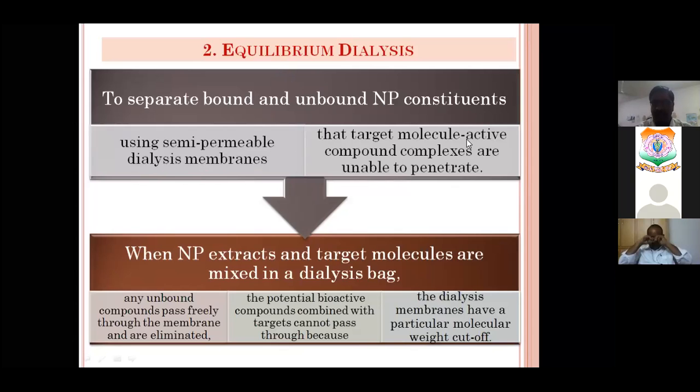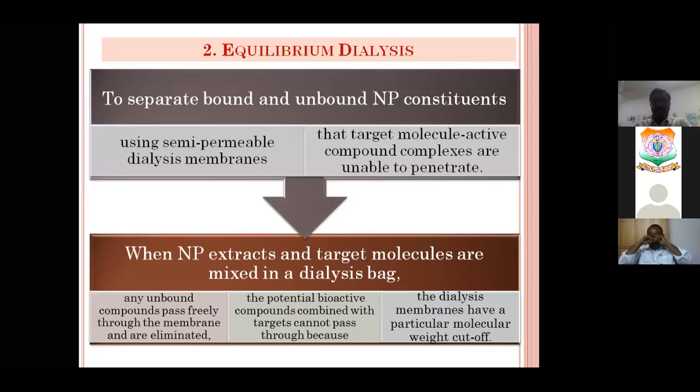The target molecules, active compounds, and complexes are unable to penetrate the dialysis membrane. Here a very clear explanation is there. You can see when natural product extract and target molecules are mixed in a dialysis bag, any unbound compounds pass freely through the dialysis membrane and are eliminated.